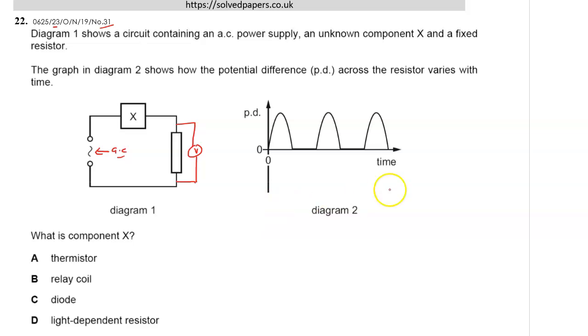What is component X? Now, if you are told the power supply is AC, the graph of PD with time should be a sine graph. It should be looking like this.